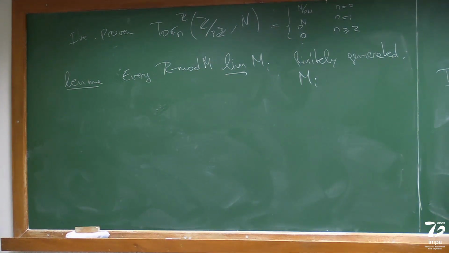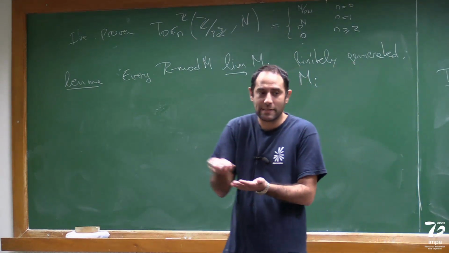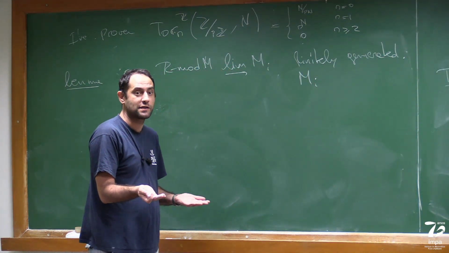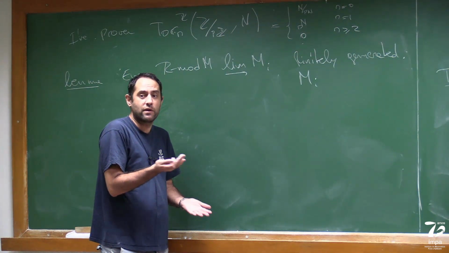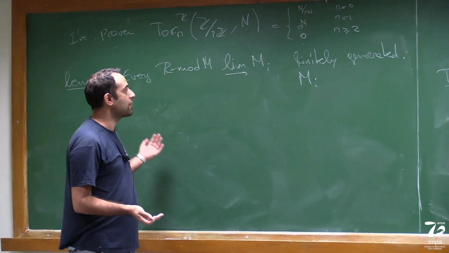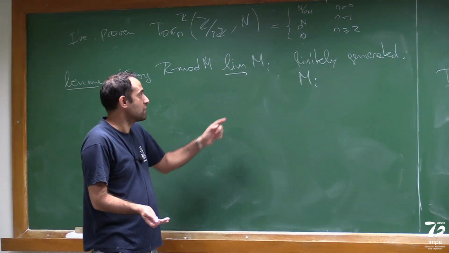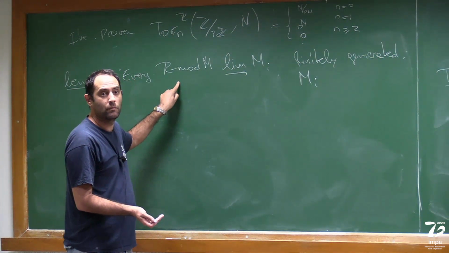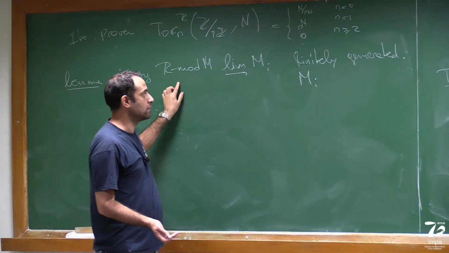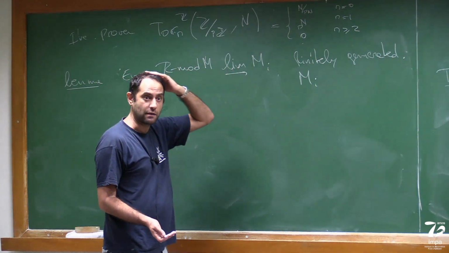So you can study modules that are not finitely generated by looking at all the finitely generated submodules. Submodules of a fixed ambient module are directed; you can just compare them. One is inside of the other one. So that's a partially ordered set. If one is inside of the other one, you put an arrow, and if they are not, you don't compare them. So that gives you a directed set. And the colimit of that set has a natural object as a limit because all of these M_i's come with an arrow to M, and that makes it universal. So that's just a trivial proof of this statement.